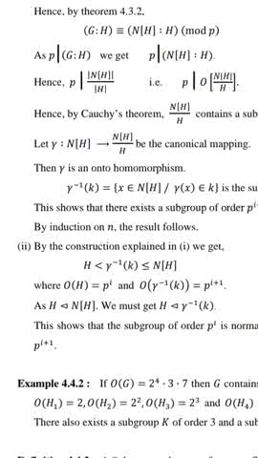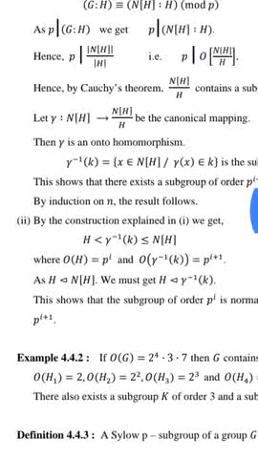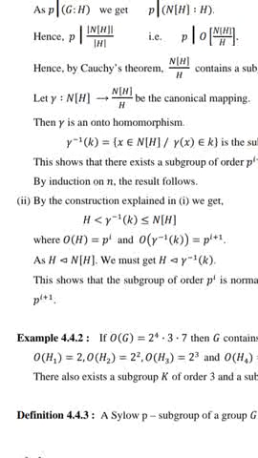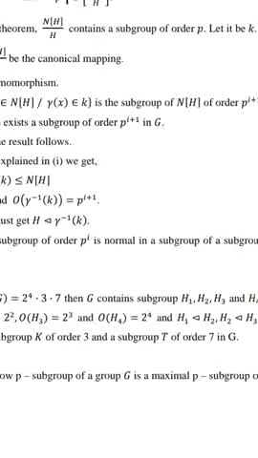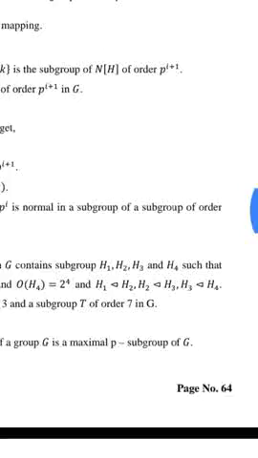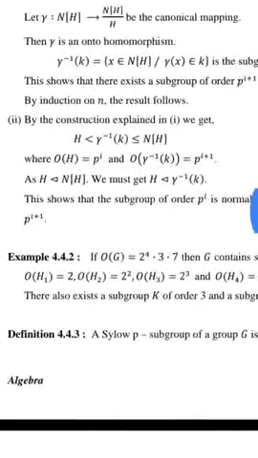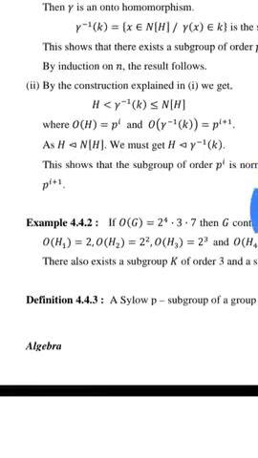As H is normal in N(H), we get H is normal in gamma inverse of K. This shows that a subgroup of order p raised to i is normal in a subgroup of order p raised to i plus 1.